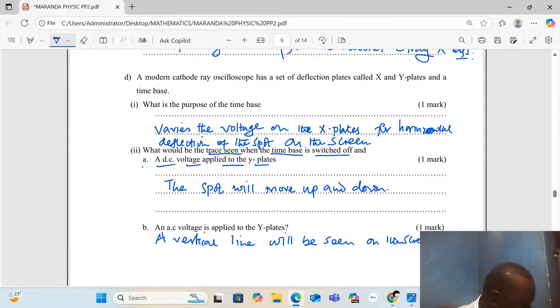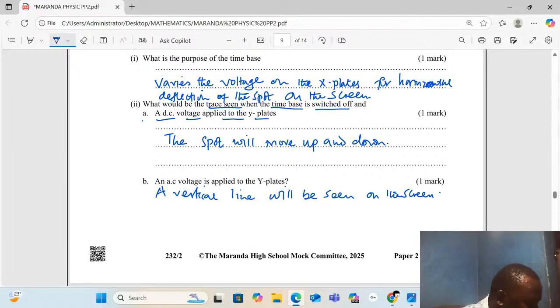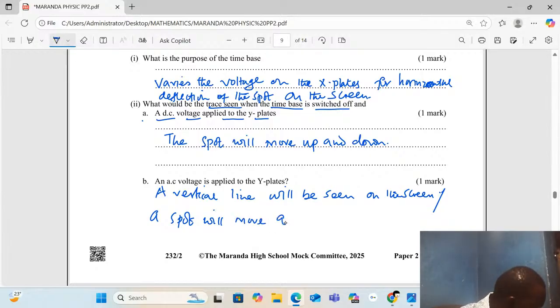Or if we talk of the spot, it will be moving up and down continuously at very high speed.